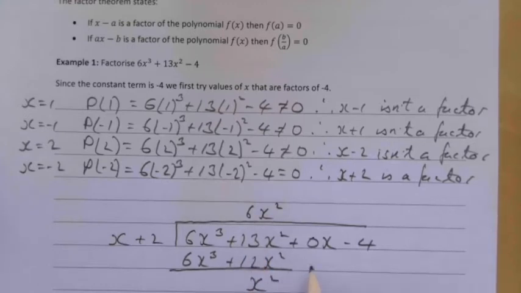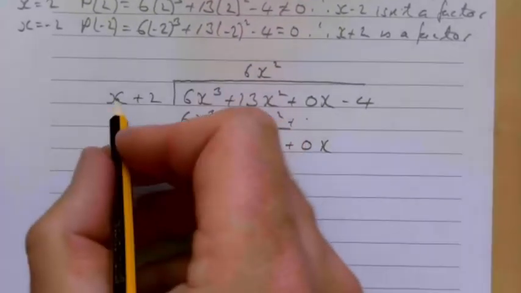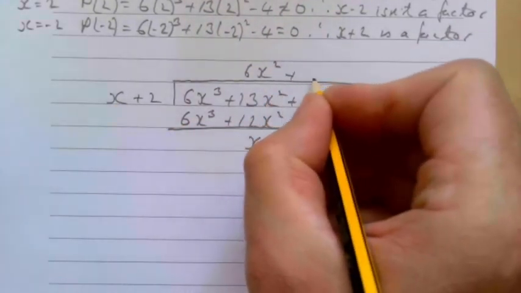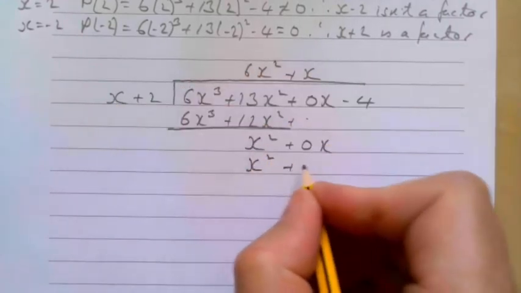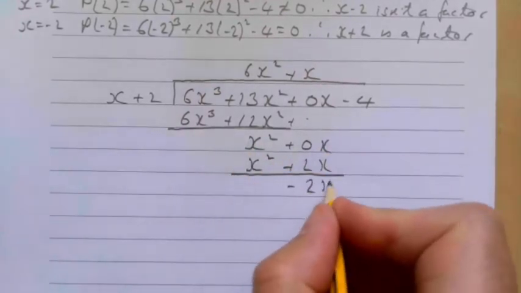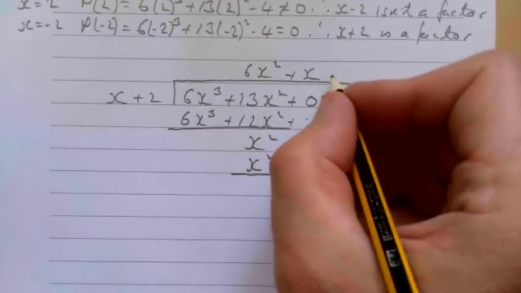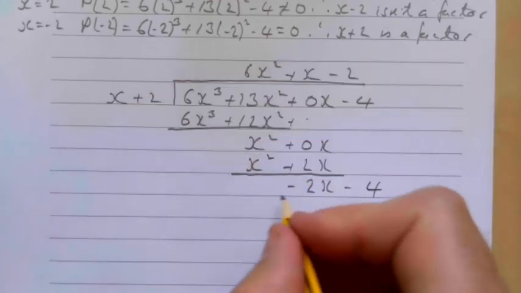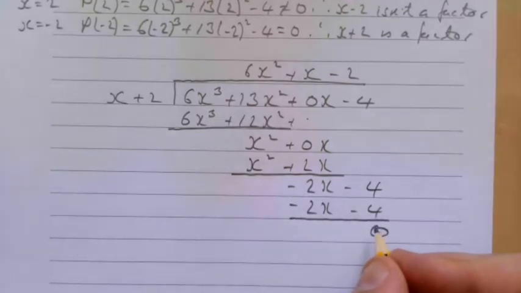That just gives me x squared. Bring down the 0x here. Need to remember to keep moving this up. X into x squared is obviously plus x. X times this gives me x squared plus 2x. This, take away this, minus 2x minus 4. X times what gives me minus 2x? Minus 2. Minus 2 times this gives minus 2x minus 4, and it is indeed a factor.